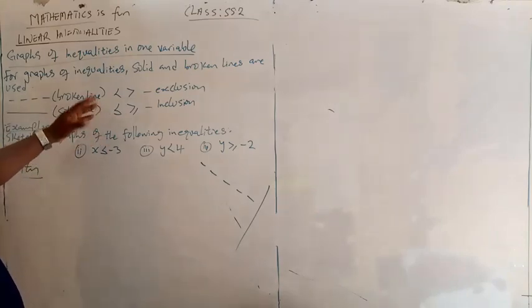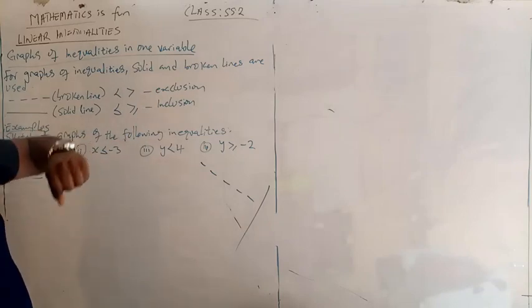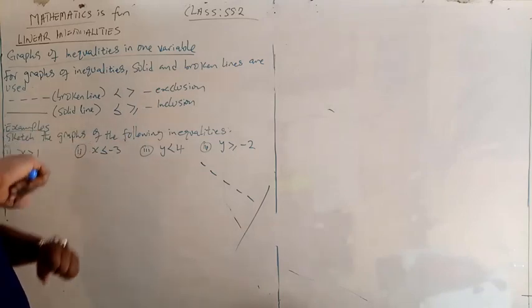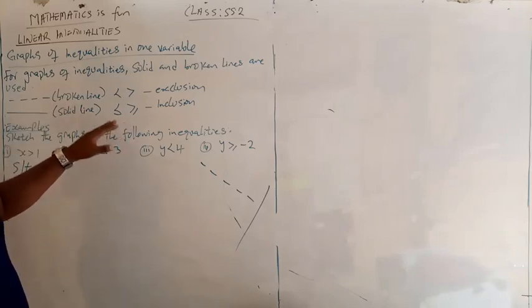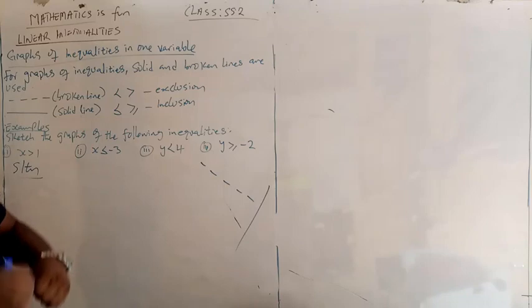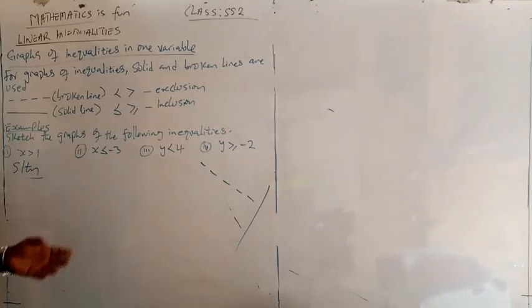A broken line represents the exclusion, the less than, greater than, and the solid line represents the inclusion, the less than or equal to, greater than or equal to. Now let's look at these examples. Sketch the graphs of the following inequalities.